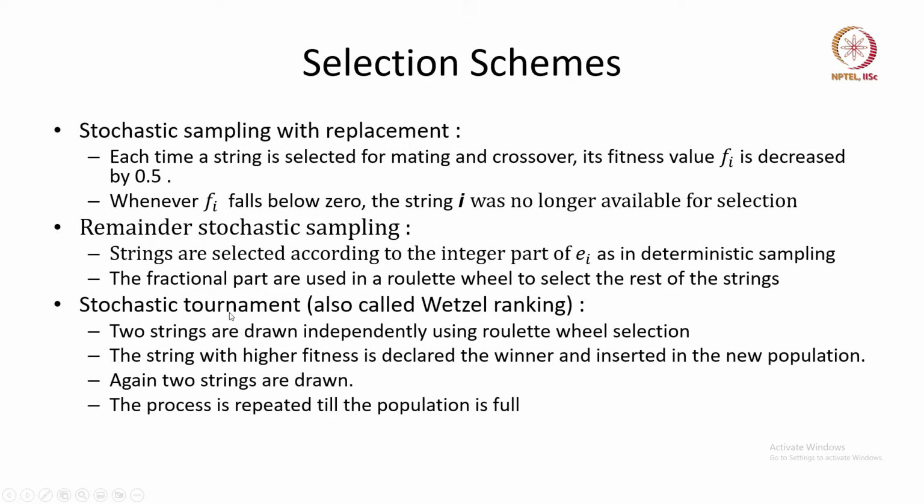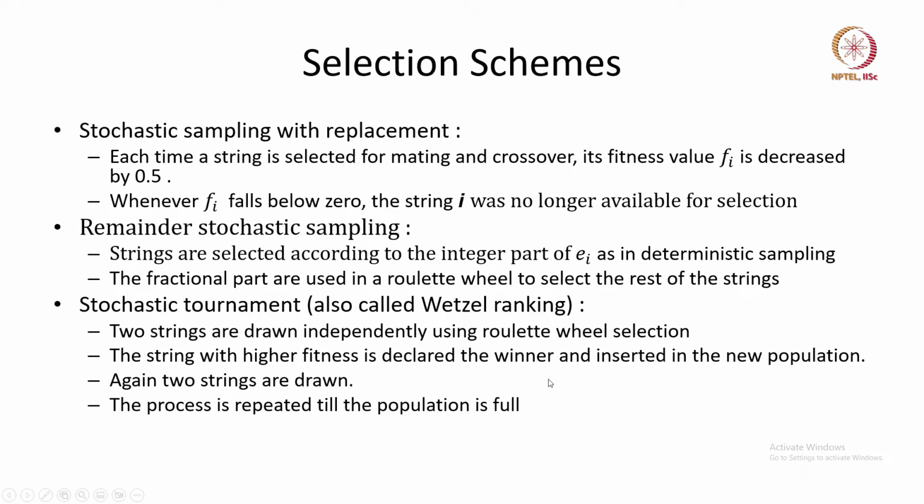And what is stochastic tournament? Two strings are drawn independently using roulette wheel selection. Then you see which string has the higher fitness, that is the winner, and it is inserted into the next generation.